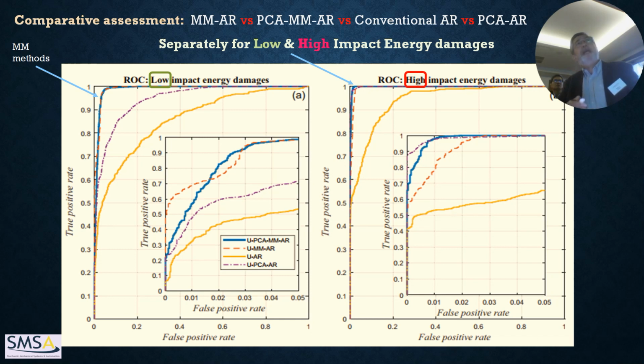And if you go to high impact damage, which in reality is not very high, but nevertheless we call it high, then the performance comes very, very close to being ideal. So these kinds of classification type approaches can help us get very good results in structural health monitoring.